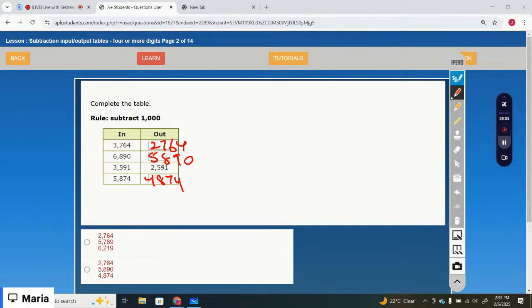So which option is the correct option? Option number 2 is the correct option.